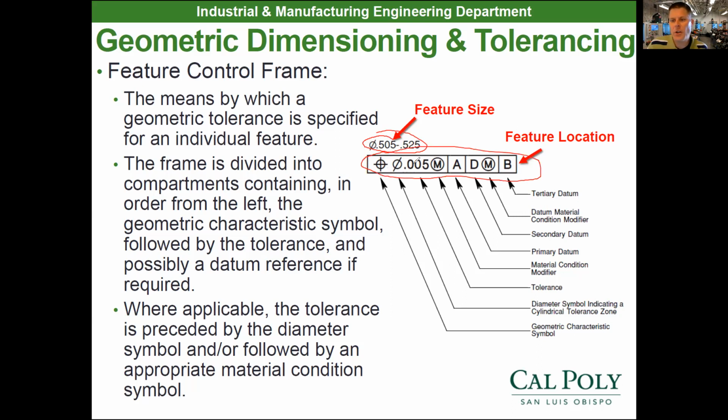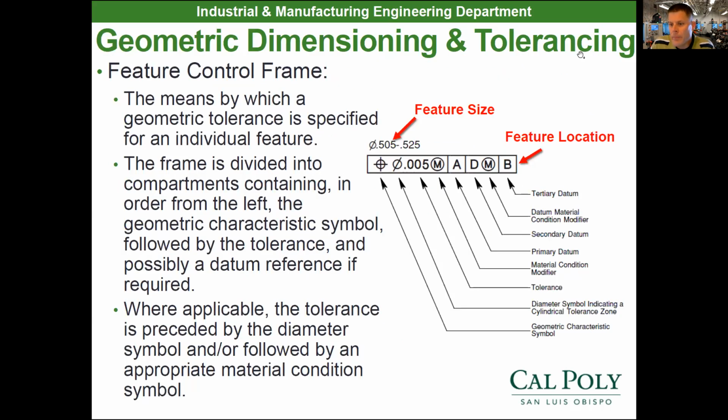So this is a feature control frame, and the feature control frame has the GD&T symbol in the beginning. It has a tolerance next, and then any datum references that pertain to that callout right there. So we're going to learn how to read this feature control frame as we work through this lecture today.